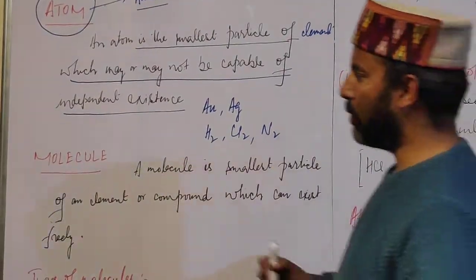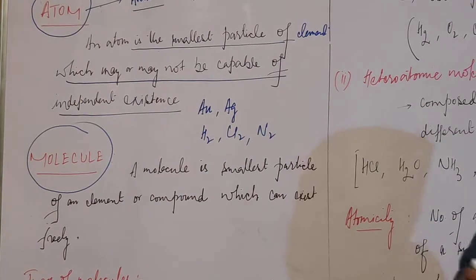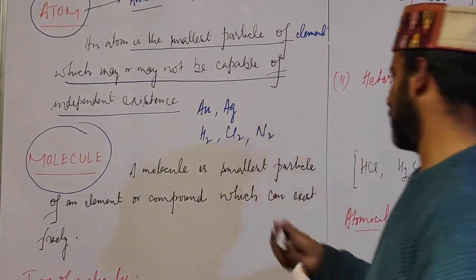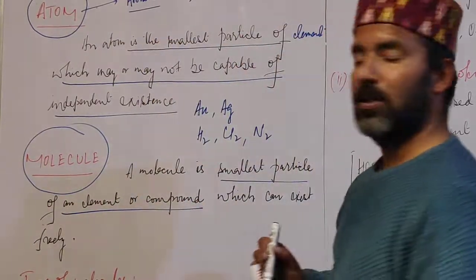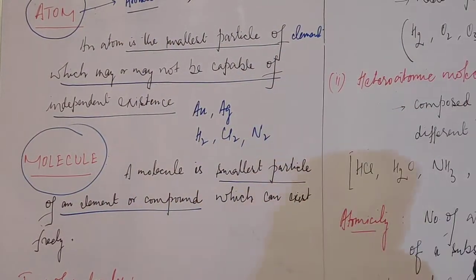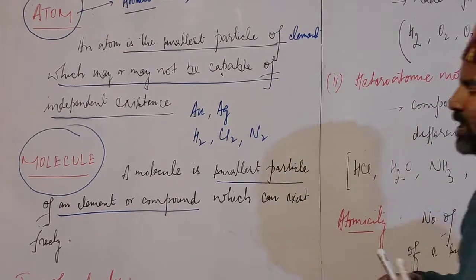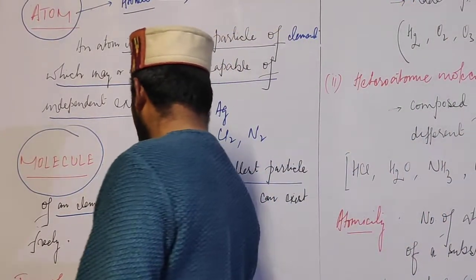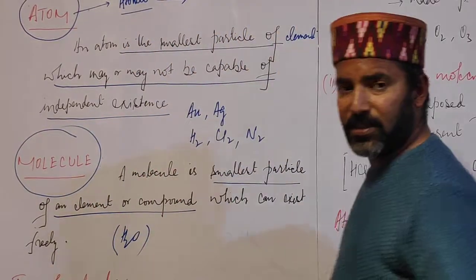Now, what is a molecule? Molecule क्या होता है? So students, a molecule is also the smallest particle of an element or compound which is capable of independent existence. Means वो freely exist कर सकता है. Like when we say we have a molecule of water, that means a water molecule can exist independently.